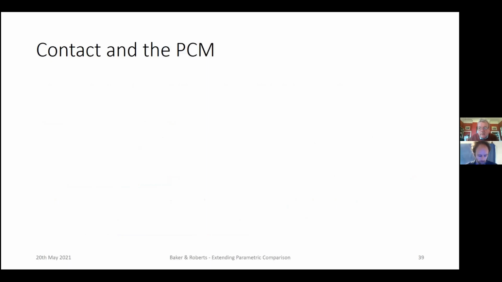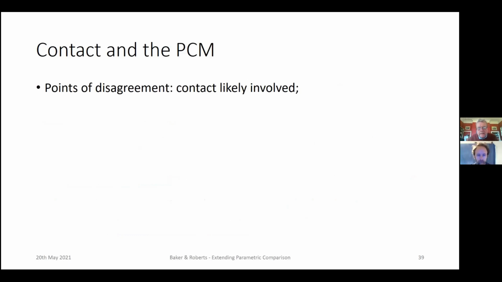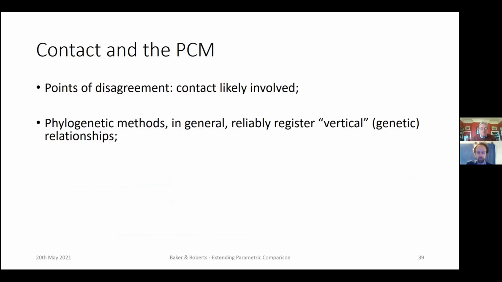It does seem that this method is giving us, in a negative way, a signal about contact. So generally, the vertical genetic relationships, especially the really solid ones, are coming out quite reliably.